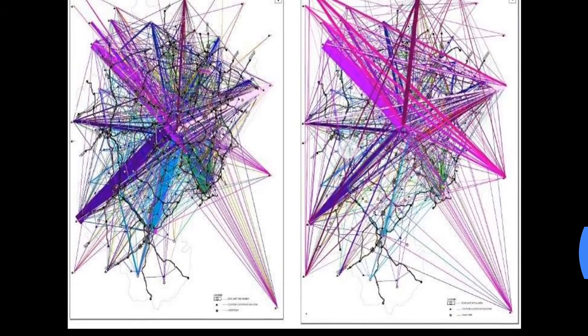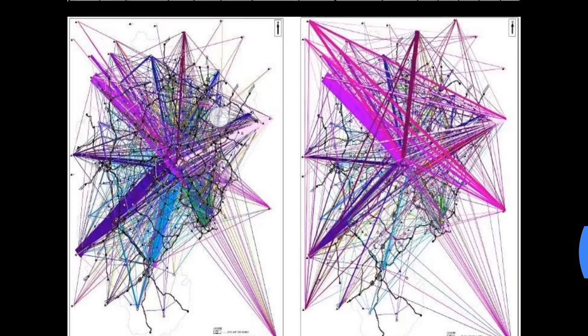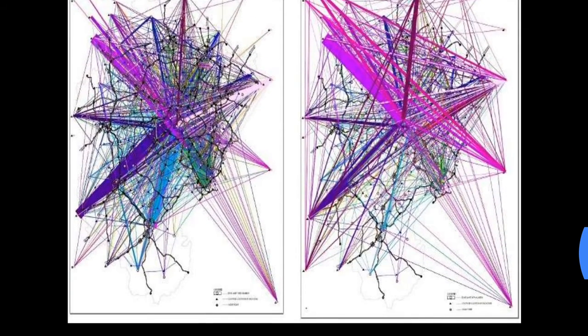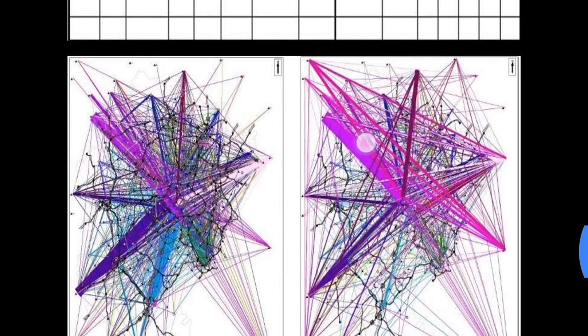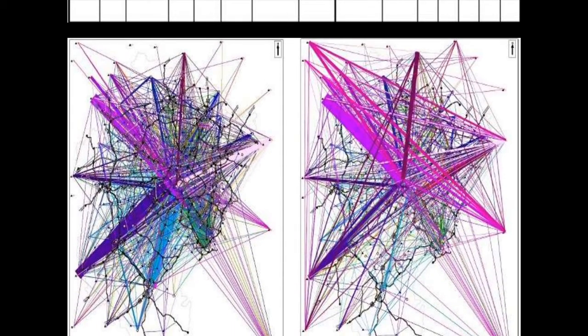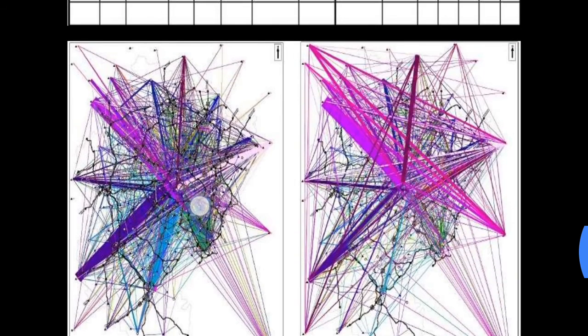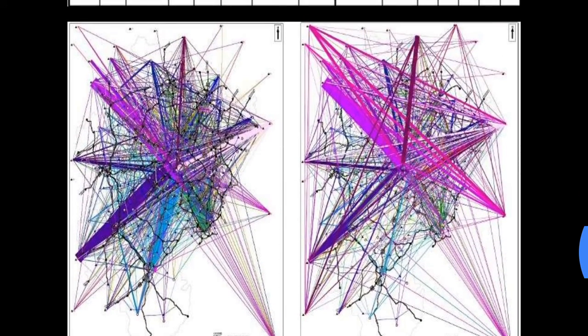So these are two examples of the same. In this diagram you can see the thickest line is in this direction, and here the thickest line is in this direction. There are different colors used for travels between different wards, so it is easy to differentiate the trips.